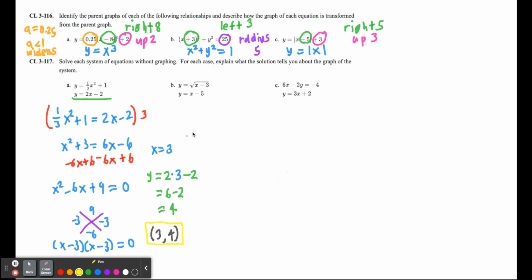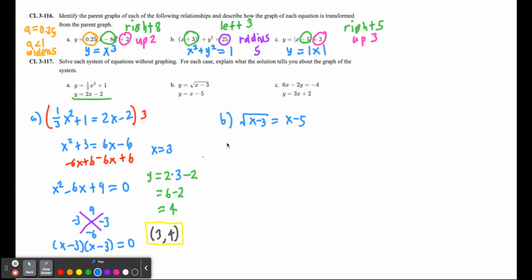Okay, now let's go into B. So you set them equal to each other: root x minus 3 is equal to x minus 5.